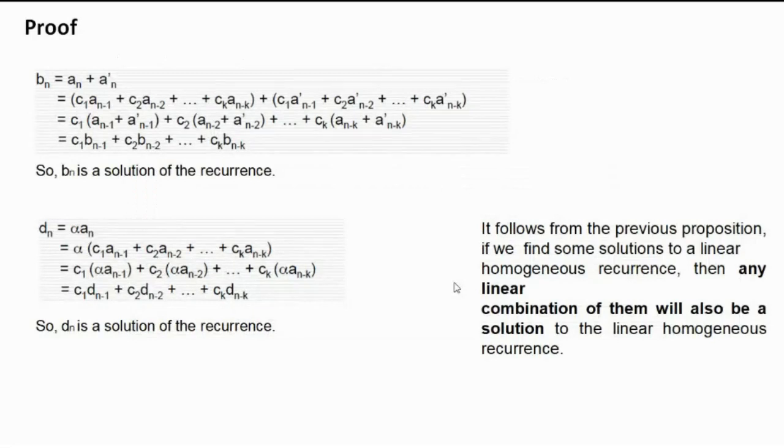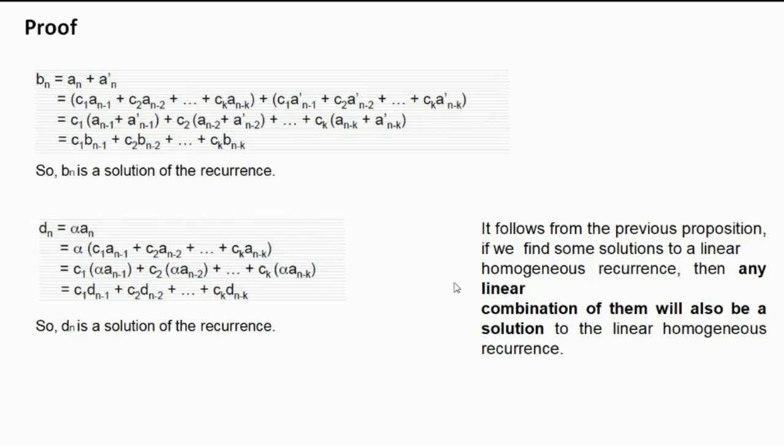And whenever you take alpha An, so alpha of again C1 An minus 1 plus C2 An minus 2, just to elaborate the An value, then take C1 out and multiply with alpha. So you take any multiplication of any constant, all the constants are multiplying with the same value.